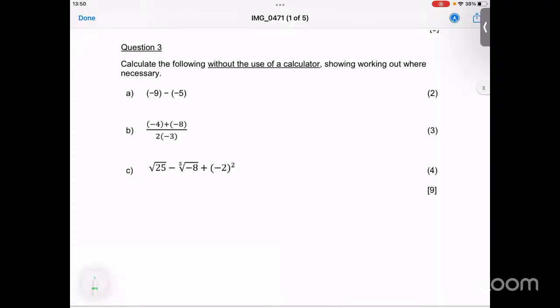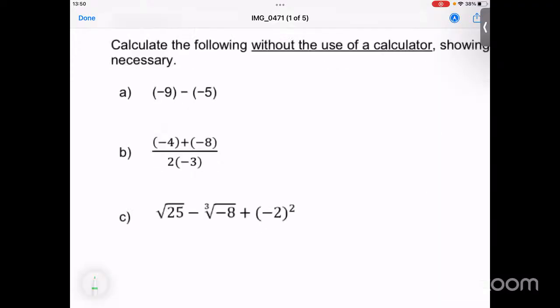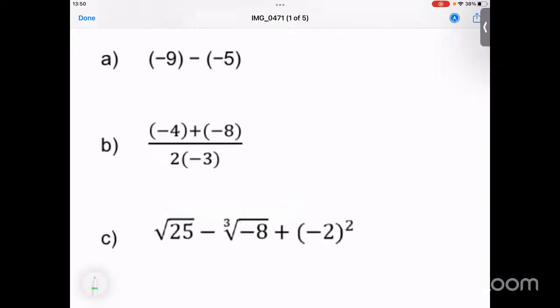Not another example, but another question, being question B, where you are given a fraction. I think this one should be straightforward. All you have to do is, you have the numerator and you have the denominator.